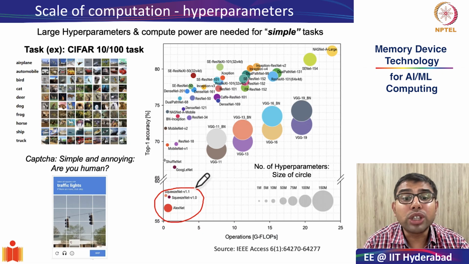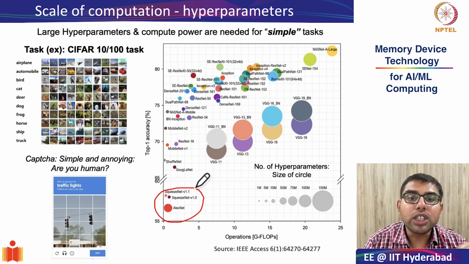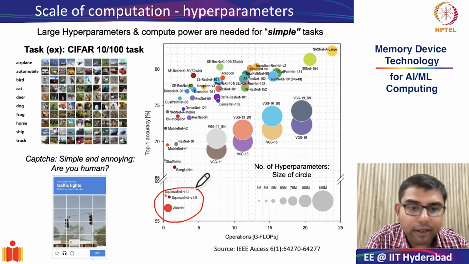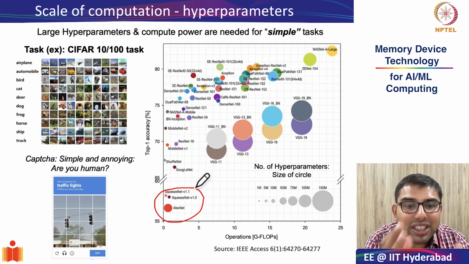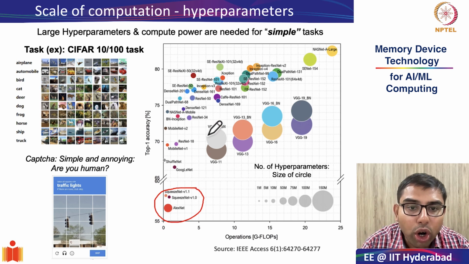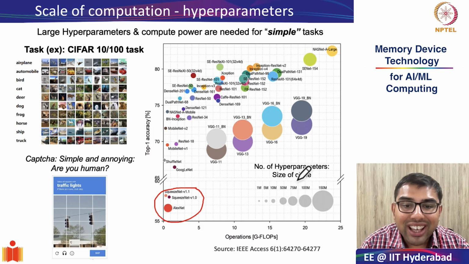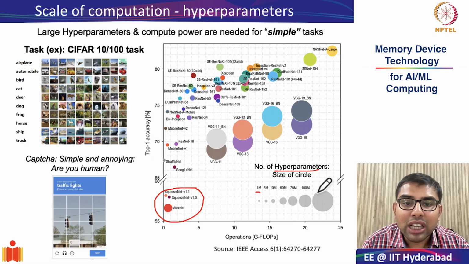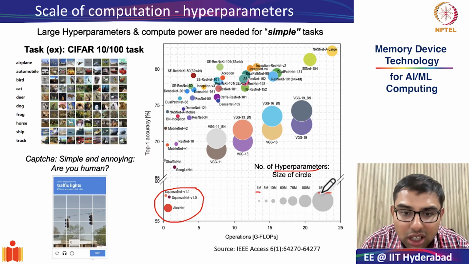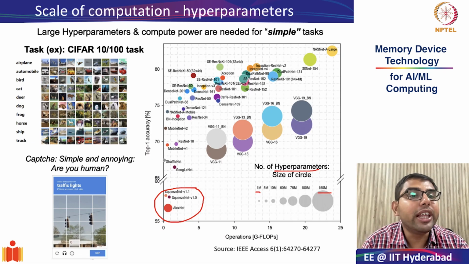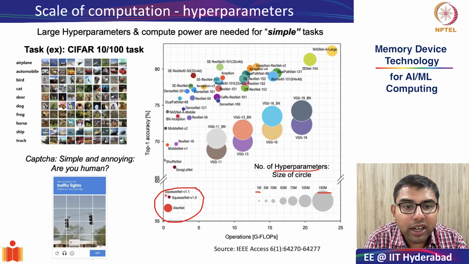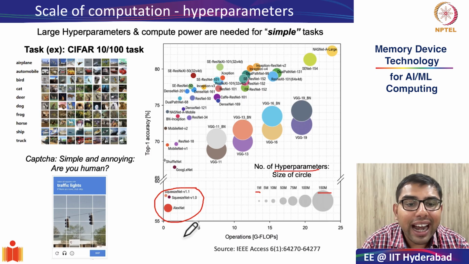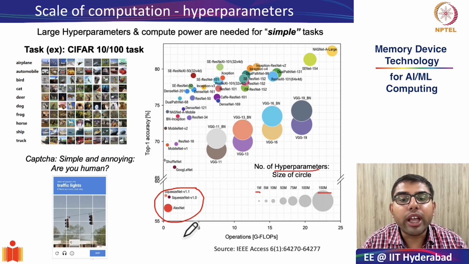Here I would introduce one more indicator seen in this graph, that is the size of the circle. The size of the circle for the different networks indicates the number of hyperparameters. As you see, this is just 1 million parameters, whereas this diameter of circle indicates 150 million parameters. So this is the first generation: low number of hyperparameters, low accuracy, happening at fewer giga floating point operations per second.